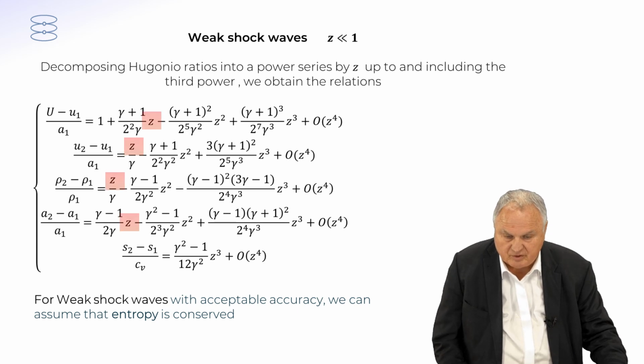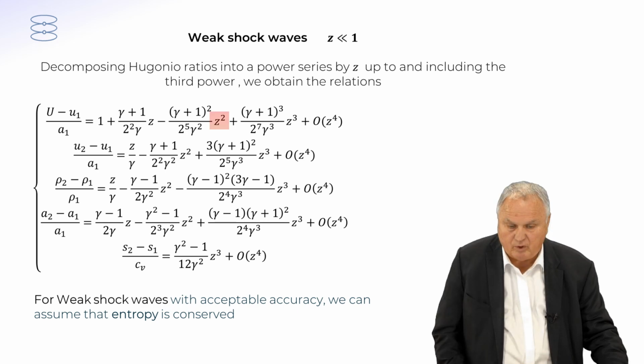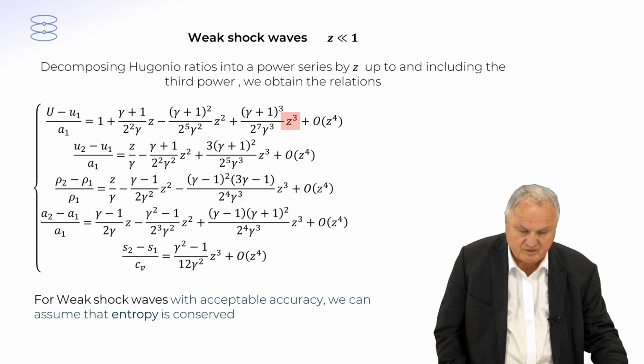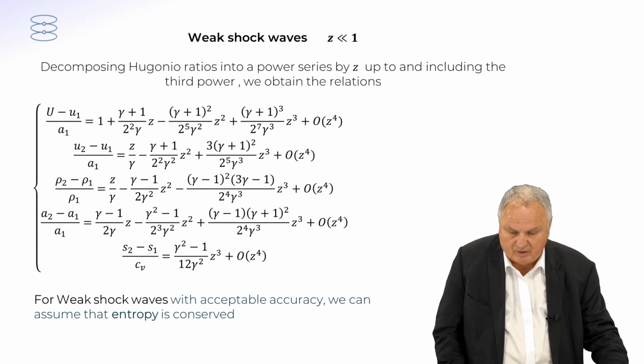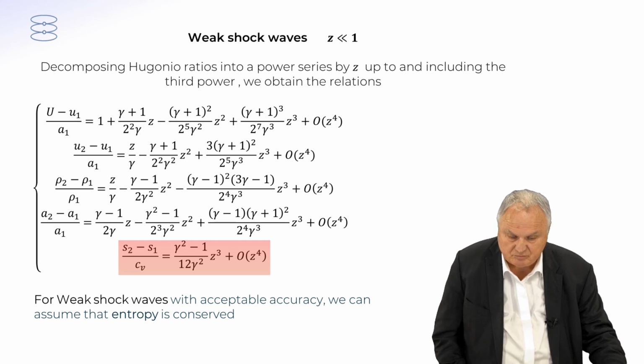This is the first power of intensity here, here, and here. This is the square power of this parameter, and this is the third power of this parameter. For weak shock waves, with acceptable accuracy, we can assume that entropy is conserved, this equation.